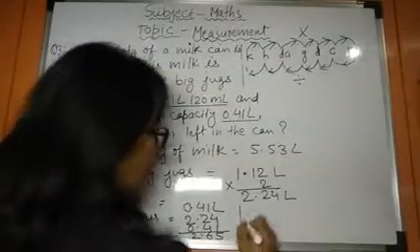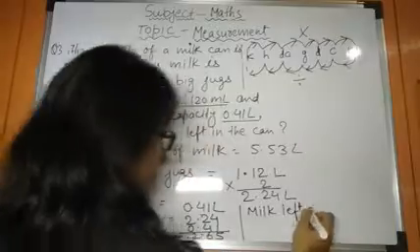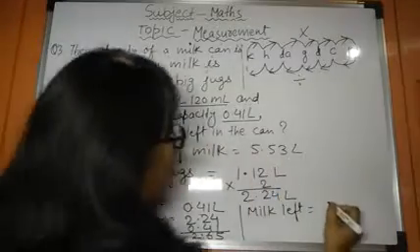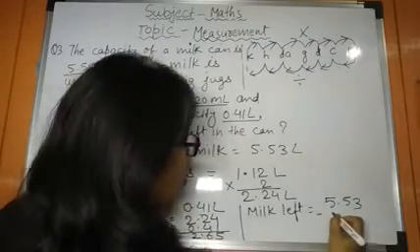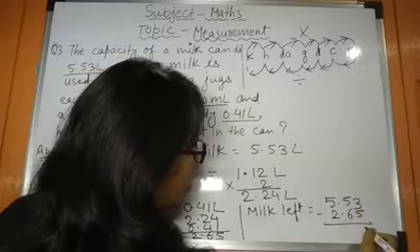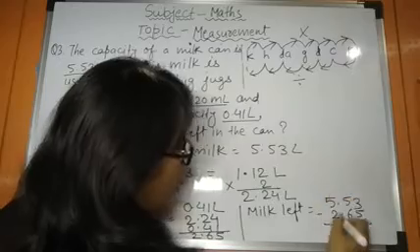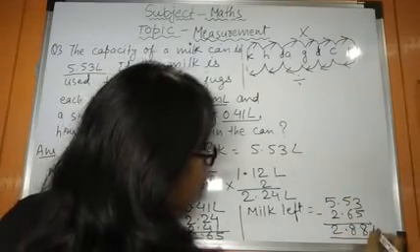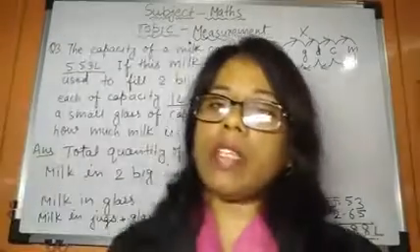So milk left is equal to 5.53 minus 2.65. So here 13 minus 5 is 8, here 14 minus 6 is 8, here 4 minus 2 is 2. 2.88 liter.